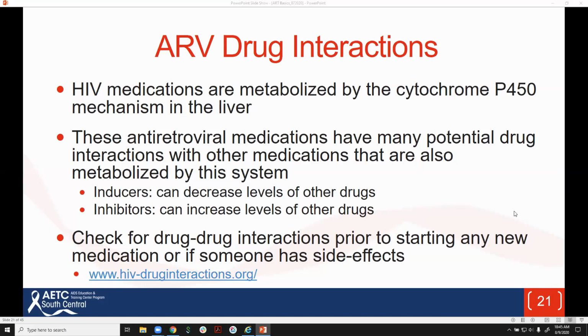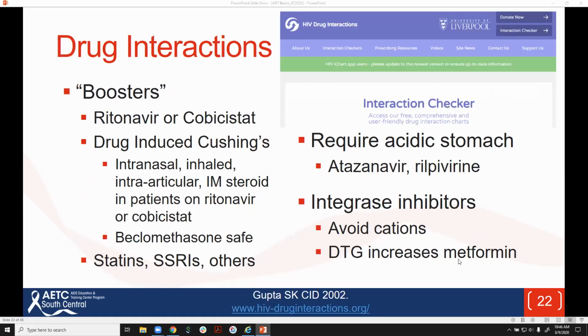So we have to check drug-drug interactions prior to starting any new medication, including non-antiretroviral agents, and if someone's having side effects, because it may be because they're not metabolizing the medications as well. Anytime we think about antiretroviral therapy plus a new medication, or a patient who's new to you, who's coming with a list of medications, best to look at the druginteractions.org website and see if there are significant drug interactions that need to be addressed.